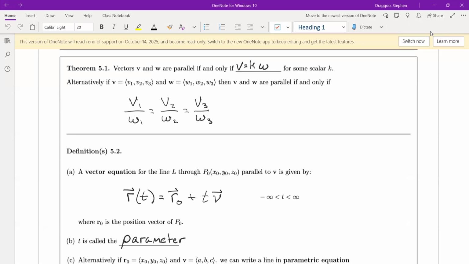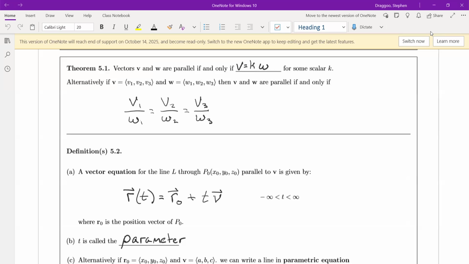Another definition: if we look at the ratio between components for each component pair in our two vectors, they need to all be the same. So if I divide the x components, the y components, and the z components, and I get something like 3 every single time, that means my two vectors are parallel.